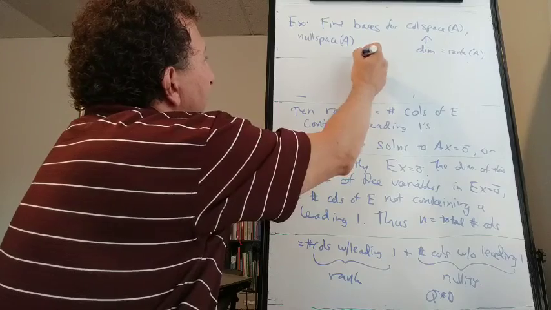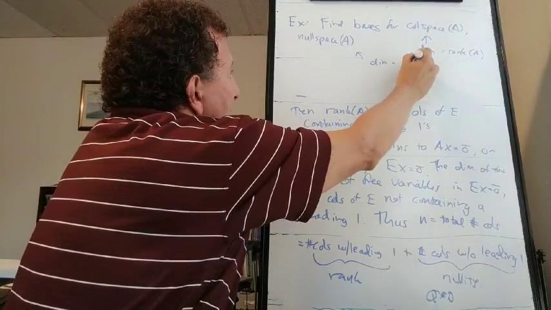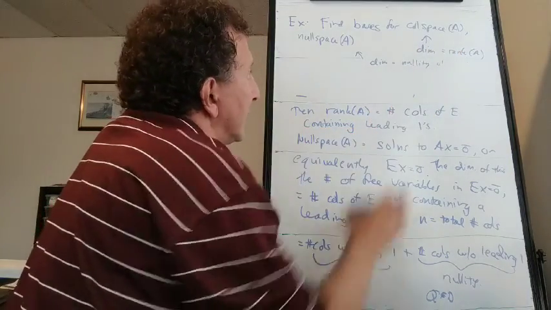And then the dimension of the null space is going to be the nullity of A.